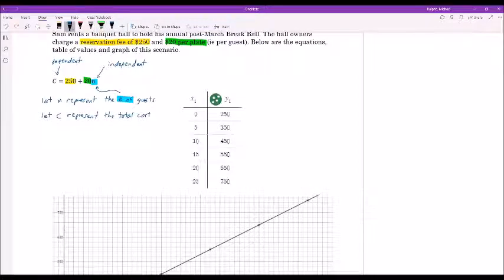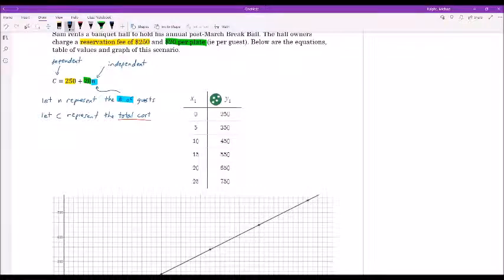So we have to make sure we talk about the total cost, because that involves both of those fees altogether. The reservation fee is when we want to reserve the banquet hall, reserve that date so that our banquet will proceed, and the owners don't get another rental request and rent it to somebody else.